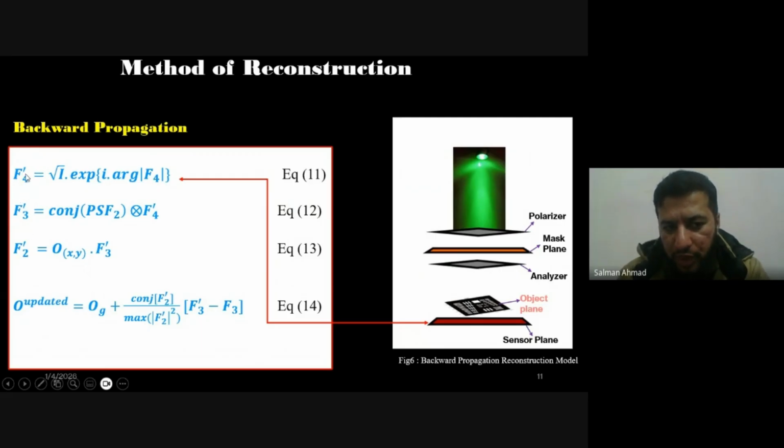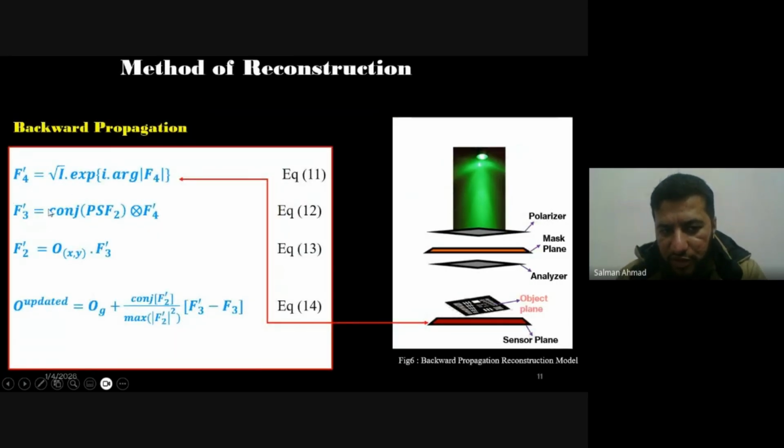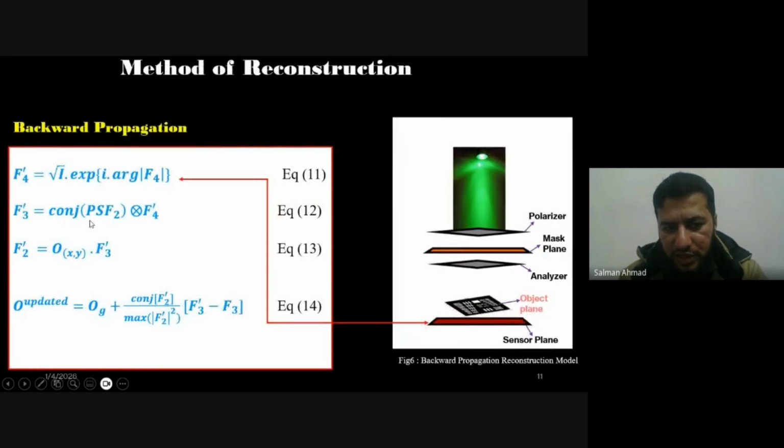Like F4 prime, where we took the square root of the recorded intensity and multiplied it with the exponential of the argument of F4, using this equation. After that, by the equation of F3 prime, we took the conjugate of the point spread function PSF2, this point spread function, and convolved it with this F4 prime.